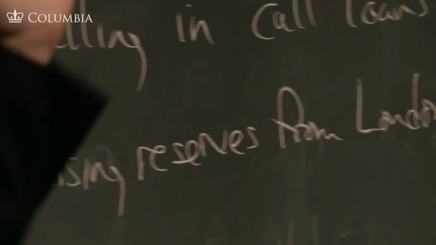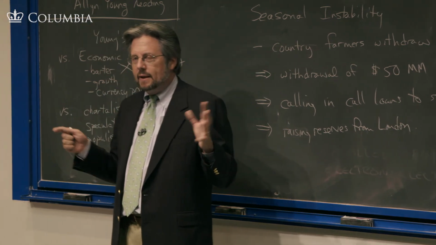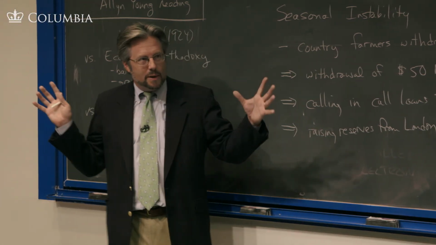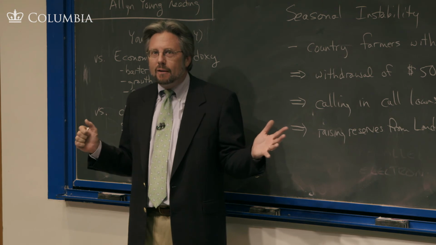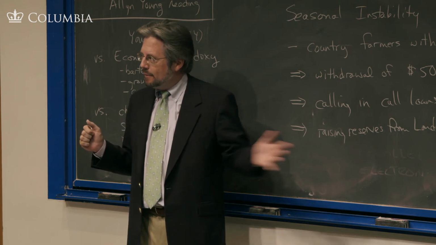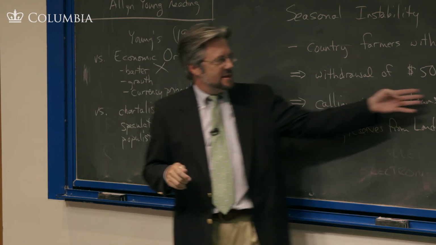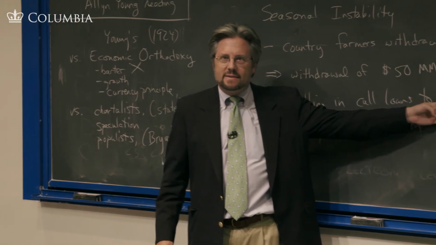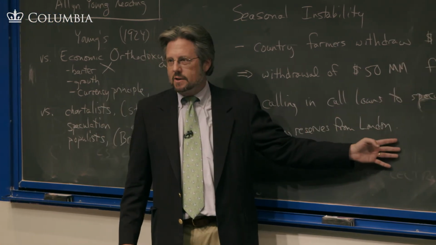So the United States is this big child in the world monetary system, and every fall it throws a little fit. It causes the asset market to go crazy. It causes the international gold market to go crazy.